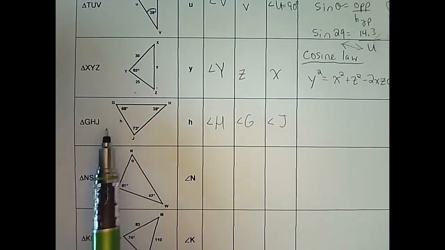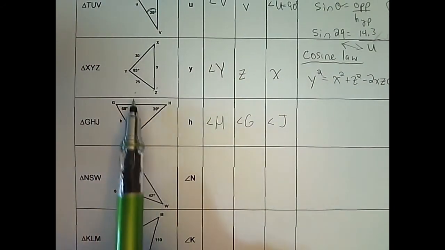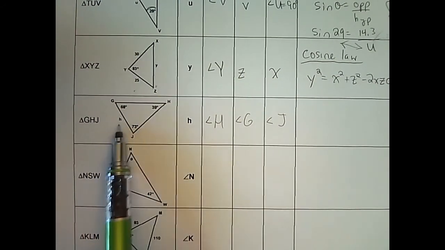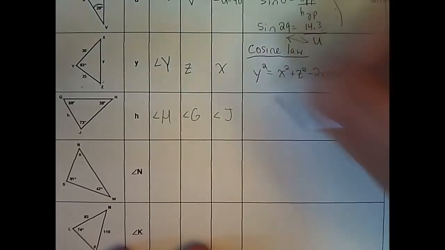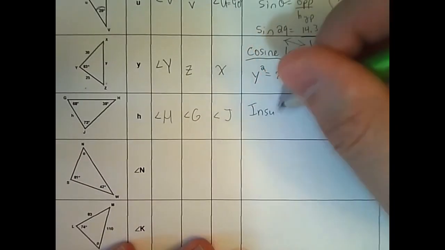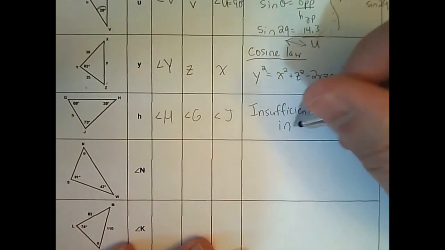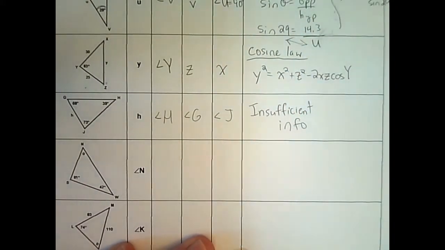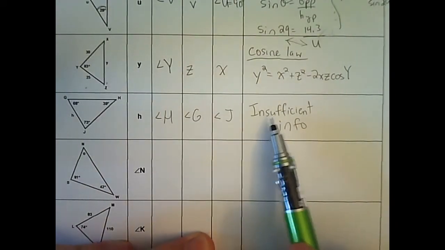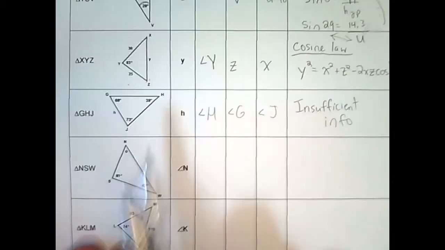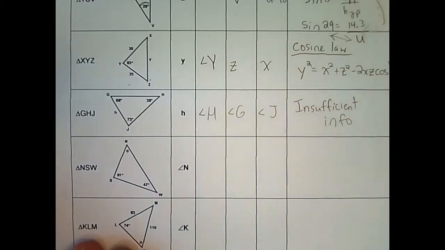They want me to solve for this side, but I have no idea what any of these other sides are relative to the side. So there's actually insufficient info, or insufficient evidence. Just making sure I spelled insufficient right. Yes. So knowing 3 angles is not enough information for us.